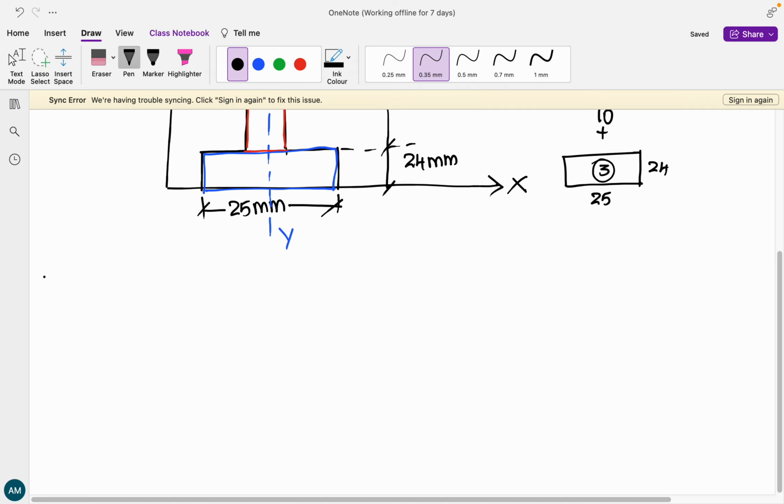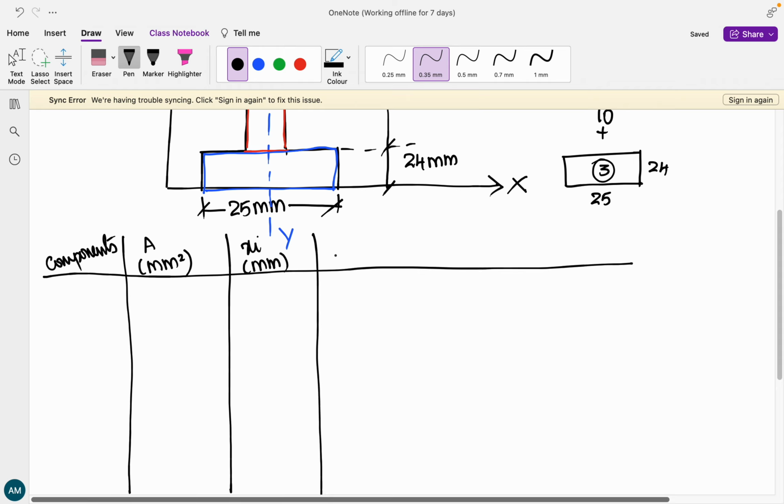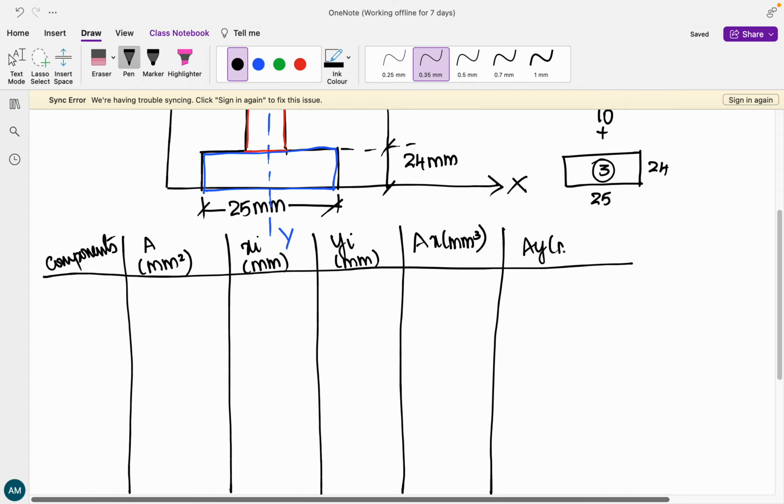Now let us, as usual, carry on with our table. The first column is going to be components, followed by area in square mm. Next is xi in mm, next is yi in mm, then a into x in mm cube, and then a into y in mm cube.